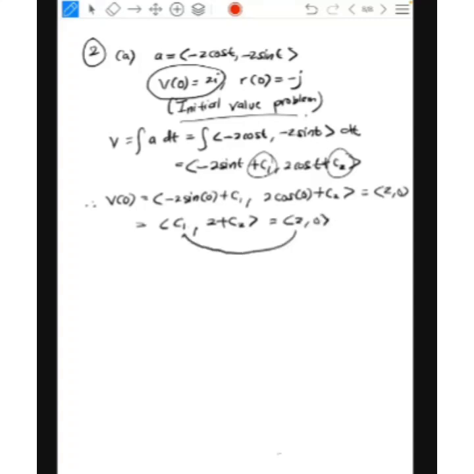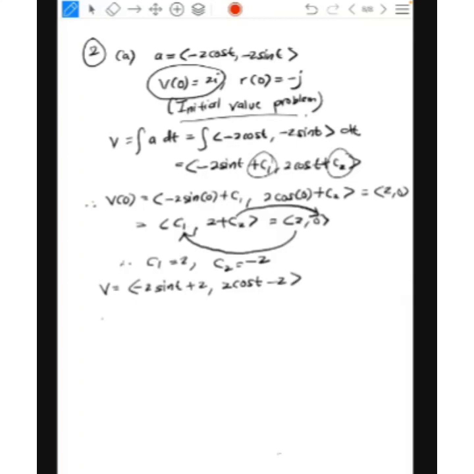So this one should equal this one, and j should equal j. So c1 equals 2, and c2 equals negative 2. So your v, substitute c1 and c2 back: negative 2 sin t plus 2 for i, and 2 cos t minus 2 for j.